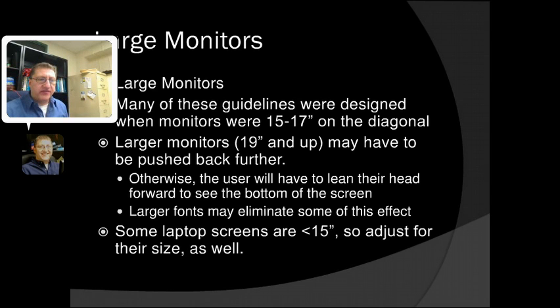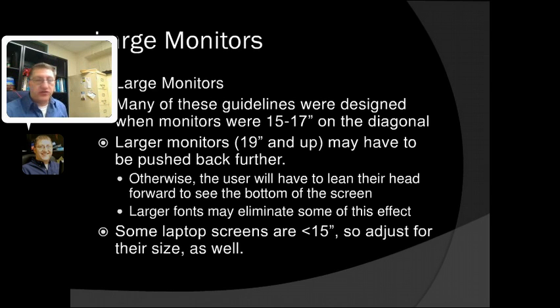Larger fonts can have some effect too, and because the monitors are bigger, a lot of times that gives more resolution options, and people like to have their resolution set really small, but that may not be the way to go. Another interesting take is that as we've moved away from desktops to laptops, laptop screens, while they have gotten larger, are still on the small side by comparison.